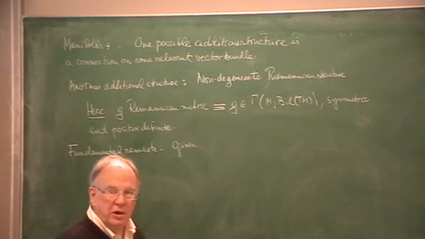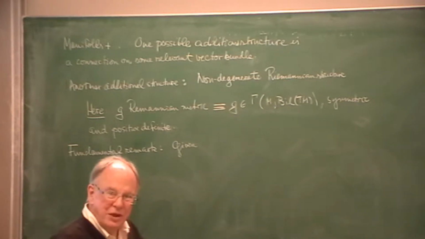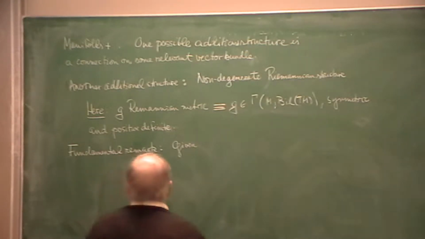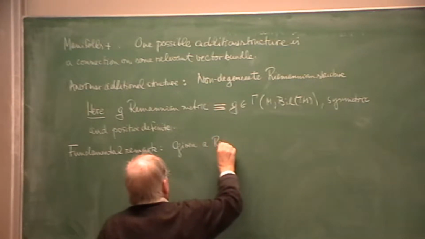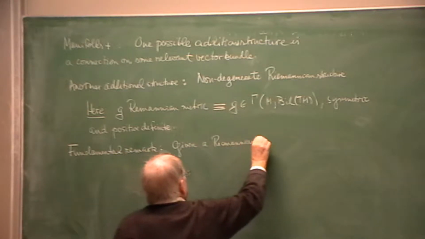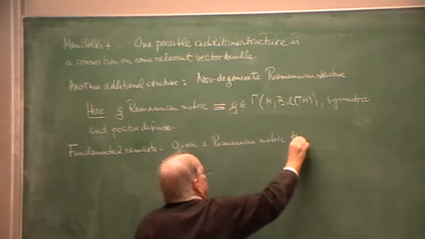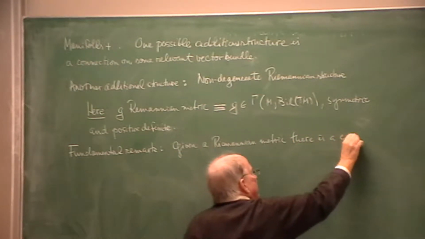What's given, what's going on here? So I will try to be consistent. Given is something, and then given that, we do something. So given a Riemannian metric, there is a canonically associated connection.